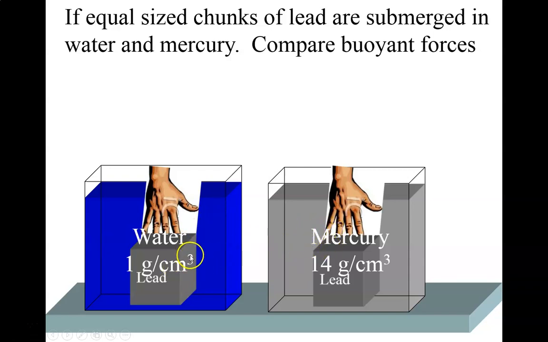Each of these chunks are the same, so they're both going to displace, let's say, a liter of fluid. This is going to displace a liter of water. This is going to displace a liter of mercury. Which is going to have the greater buoyant force? Well, it's going to be the one in mercury, because that chunk of mercury is going to weigh more, and the buoyant force is equal to the weight of the fluid displaced.